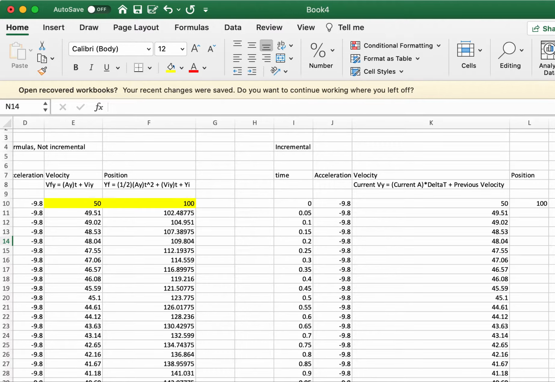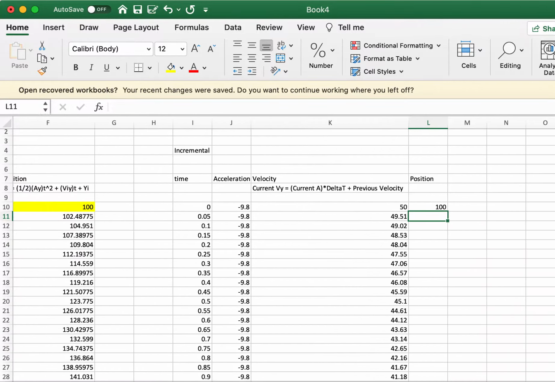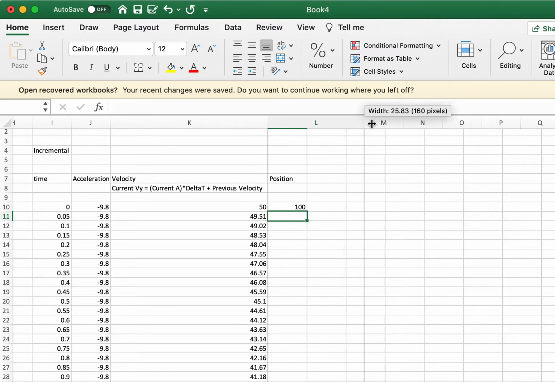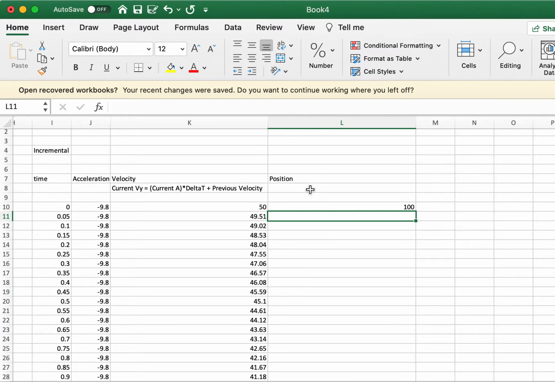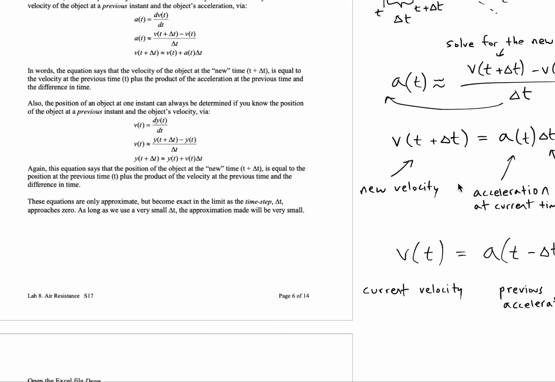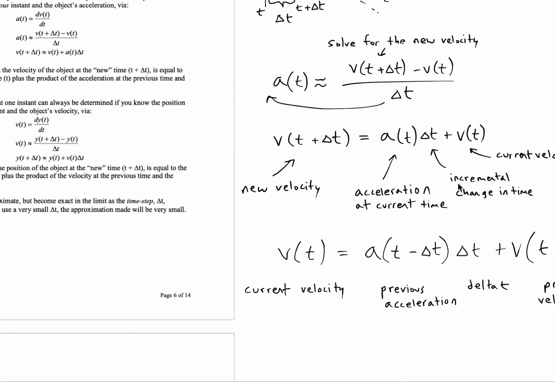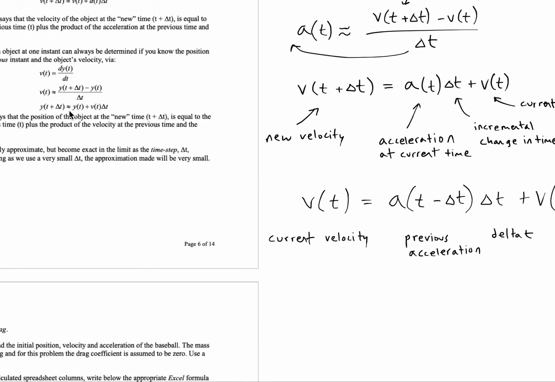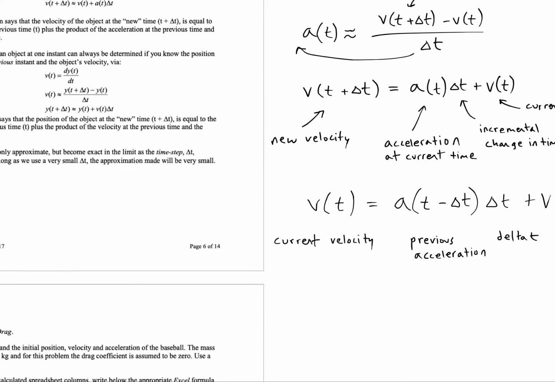Anyways, what's next? Now we should do the position. Okay, so how do we do that? To get the current position, following the same pattern, we would want velocity times time plus previous position. And we just copy what we did and adapt it for position.